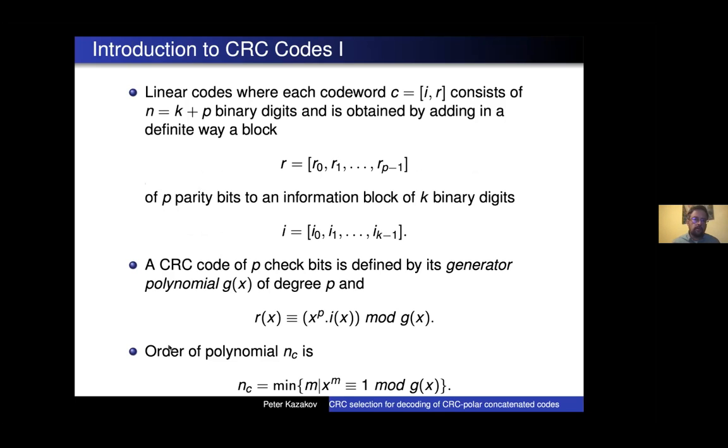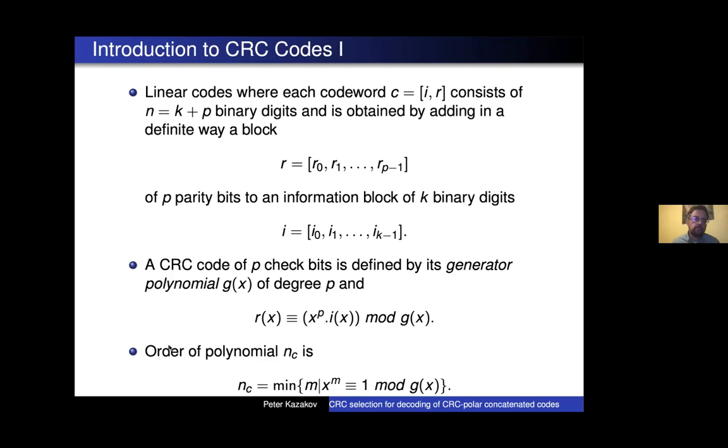First, a note that we're talking about binary codes. For a CRC code we have this construction: to the information block of k binary digits we are adding a block of p parity bits, and in this way, at the end, we verify whether the word is transmitted correctly.